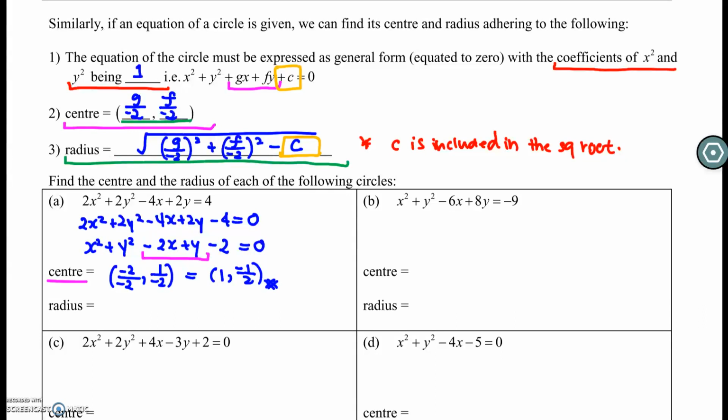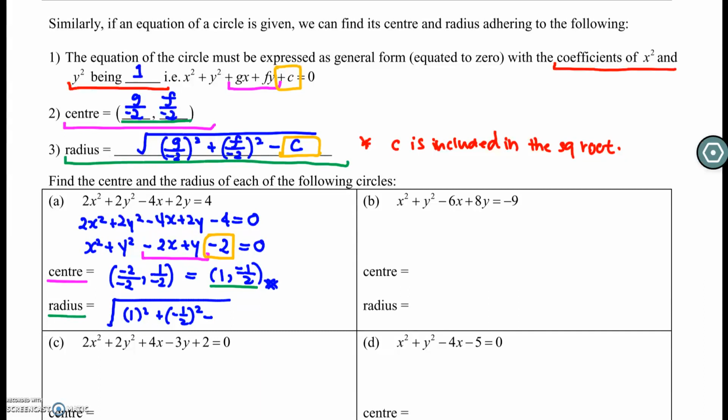So with the center found, we can make use of the center to find our radius, as well as the constant term. In this case, my constant term is -2. So using our formula, square root of 1 squared plus -2 squared minus c.